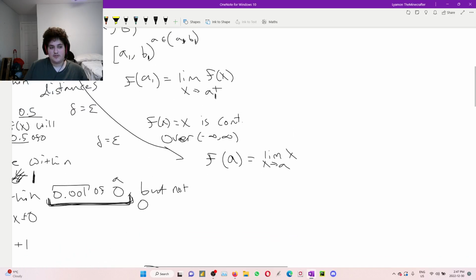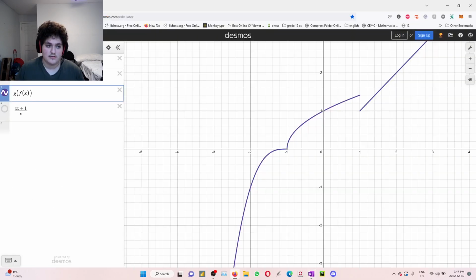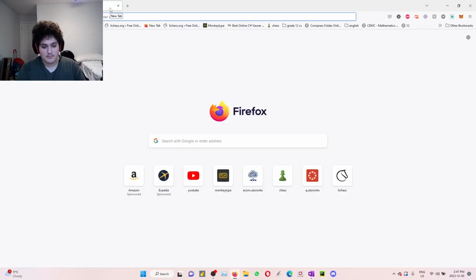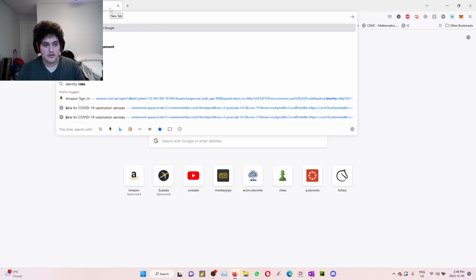And f of a is just a, right? And this is a common rule for limits. I think it's called the identity limit law. I can check that.